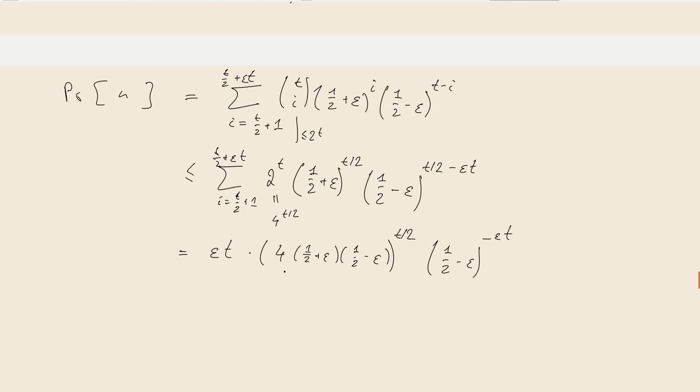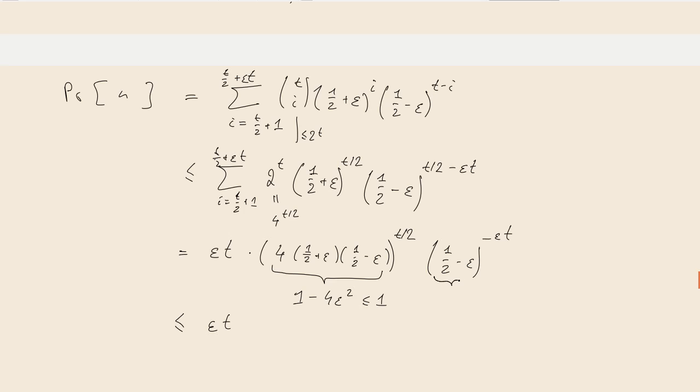You can simplify this. That's binomial formulas and so on, right? This is 1 minus 4 epsilon squared, which is less than 1. So for an upper bound, we can just replace the basis here by 1, so then the whole term vanishes, and what remains is epsilon t, 1, and this term.